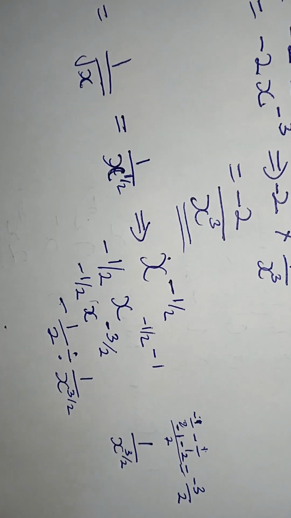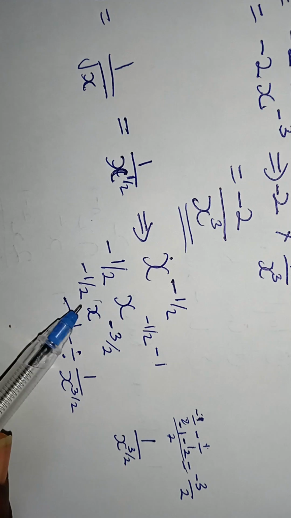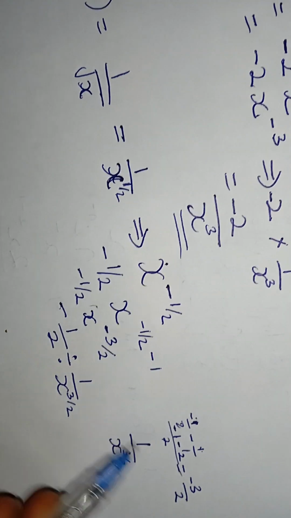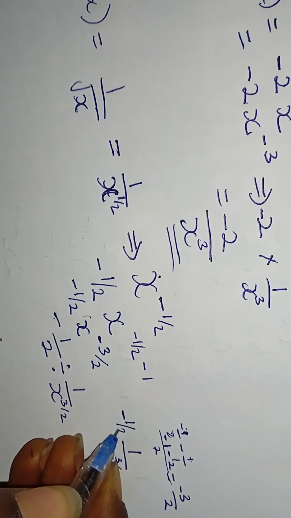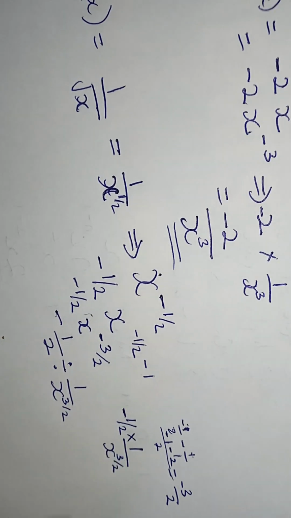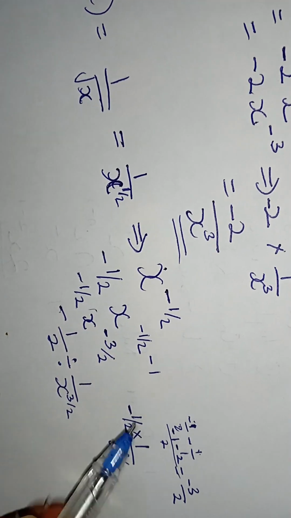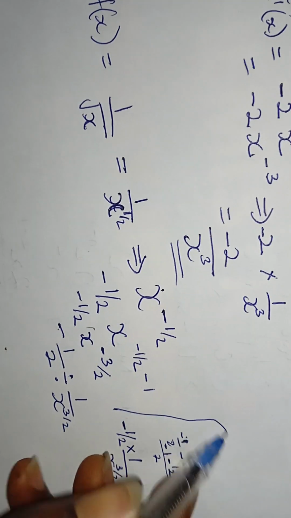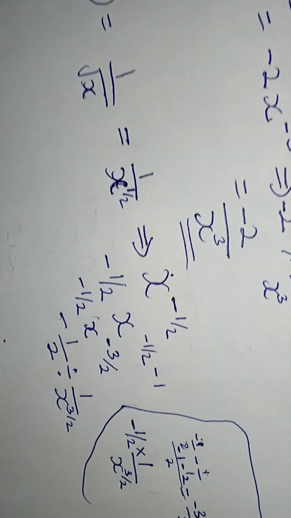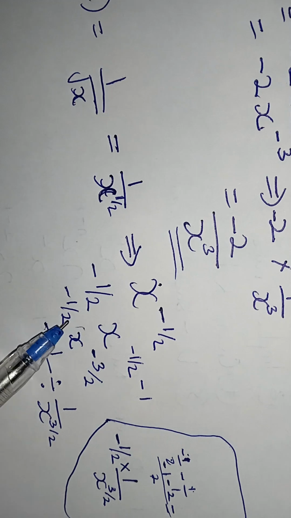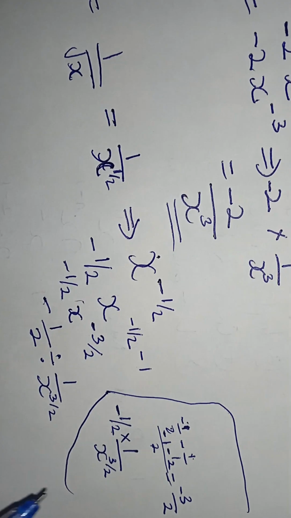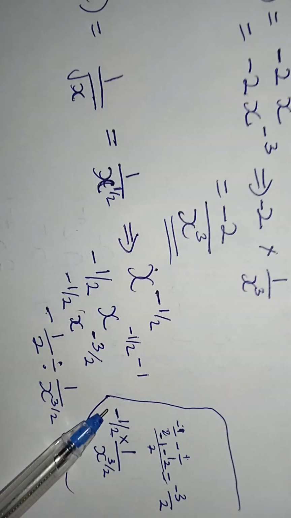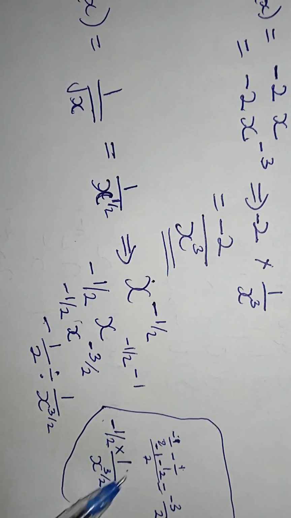Now, are you aware that if this is true, you agree that this is supposed to be this? Because if you bring minus 1 over 2 to times this, I'm trying to simplify it here. If you bring this thing here, it's the same thing as this. So if you interpret it, everything here will go on top, which means it's divided.